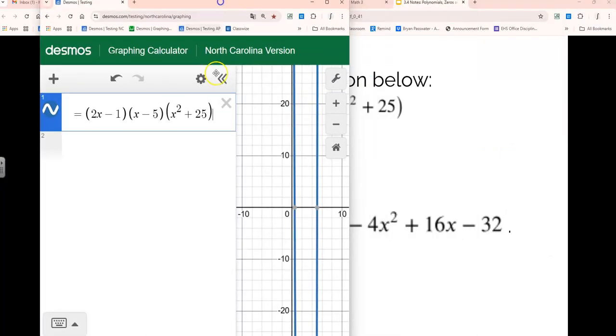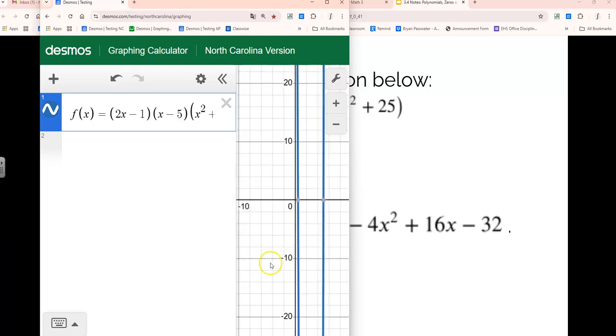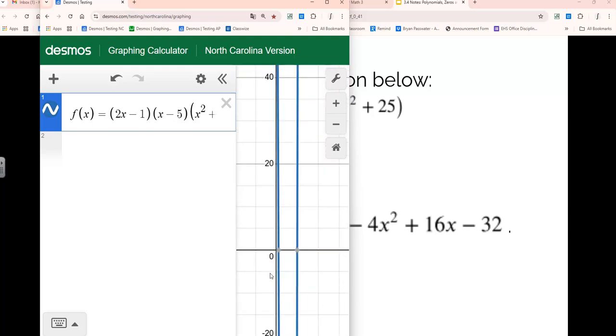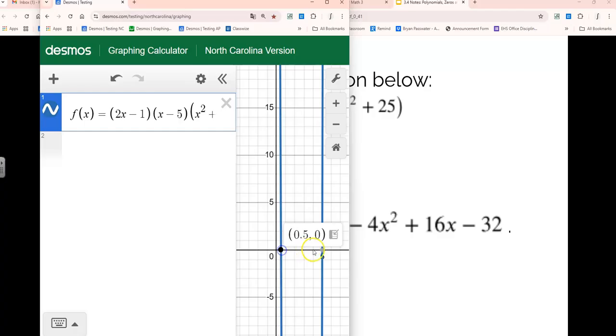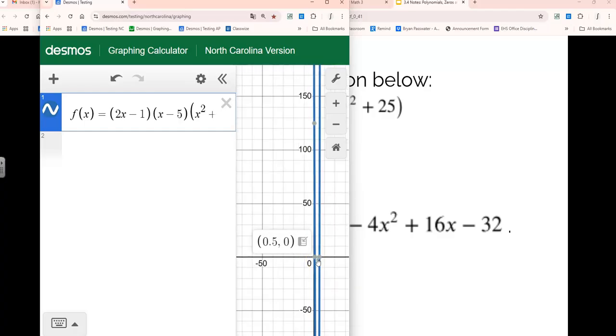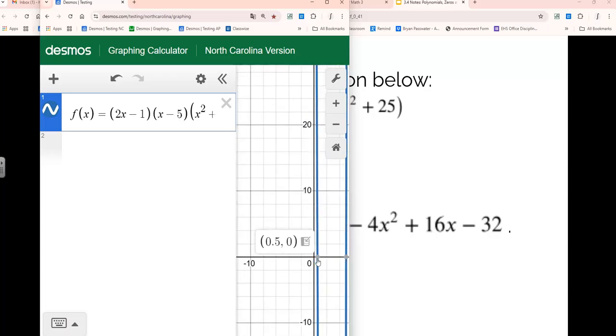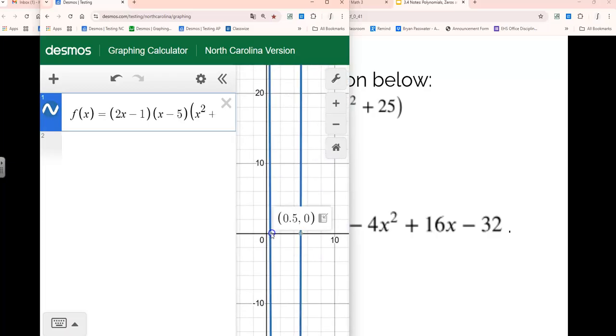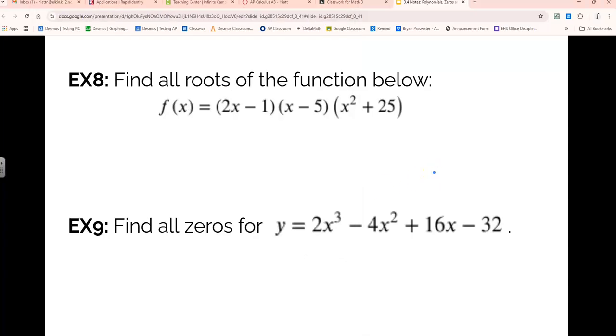Yep, and so I definitely have a 1/2 and a 5. But do I have any others? I zoom out. There's nothing there, right? Those are my only 2 real x's, 1/2 and 5, which the x equals 5, you guys probably could have told me already.